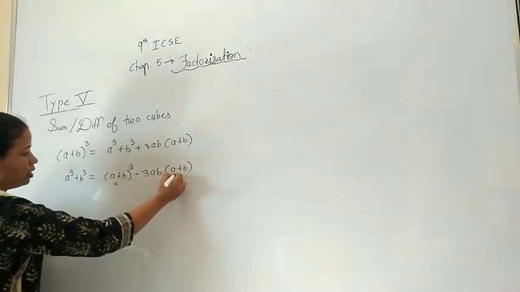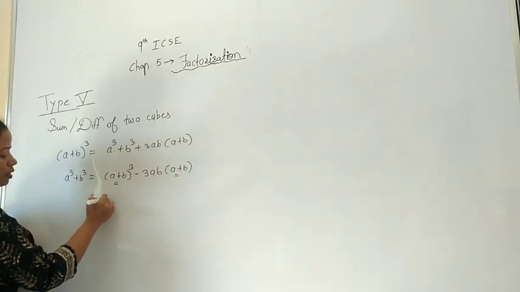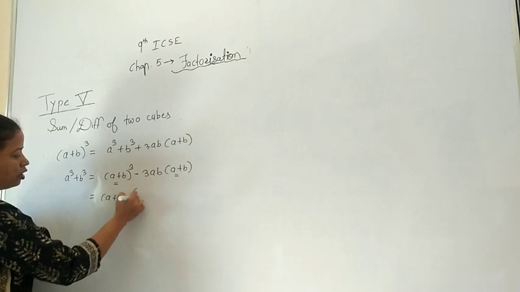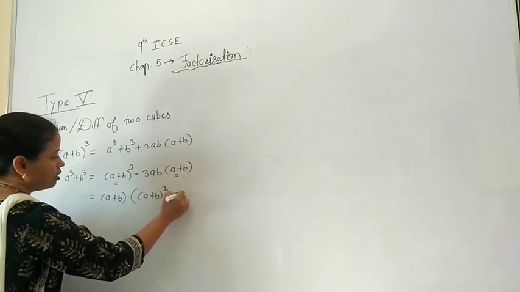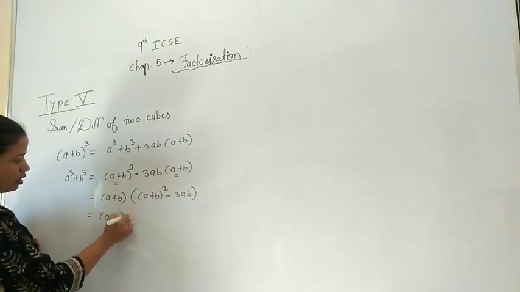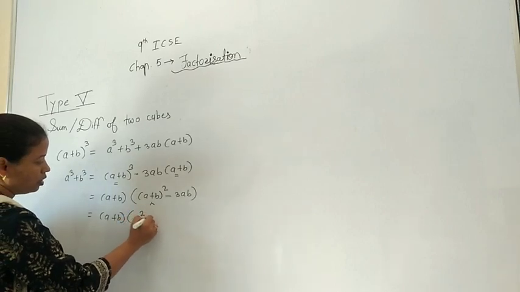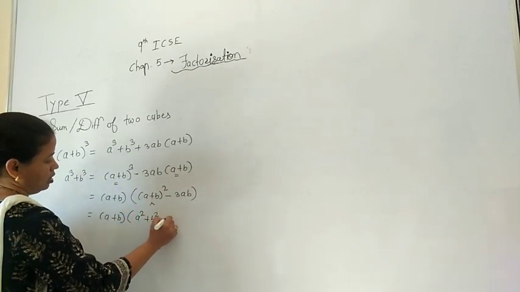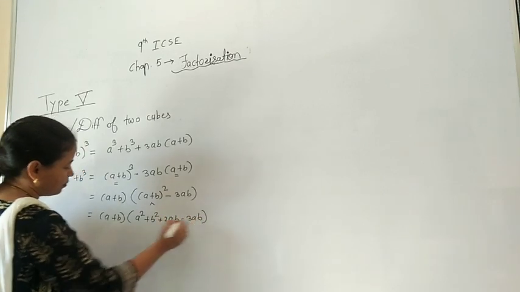Now a plus b is in both terms, so take (a plus b) common, and in the other bracket (a plus b) bracket square minus 3ab. Expanding this square, I have a square plus b square plus 2ab minus 3ab.